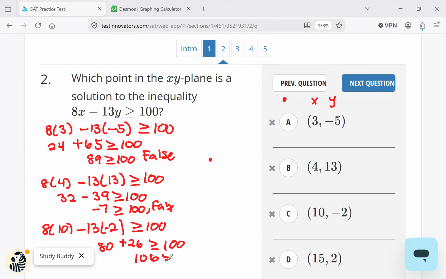Is 106 greater than or equal to 100? Definitely yes. That's why I use the point C.